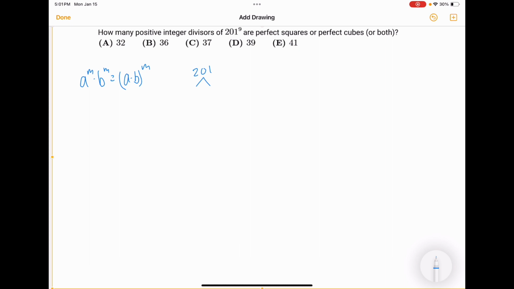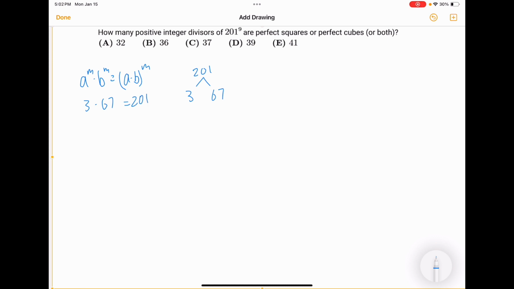So 201 would be a multiple of 3. Now if you divide 201 by 3, we will get 67. And seeing that 67 is also a prime number, we can stop with the prime factoring. So now we know that 3 times 67 would give us 201.